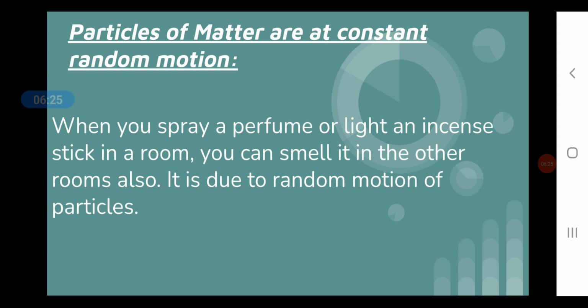How is it possible? It is because the molecules of the perfume spread from one place to the other. Since the air molecules present over there are in constant random motion, because of this random motion of the particles, the molecules of the perfume spread from one room to the other room.